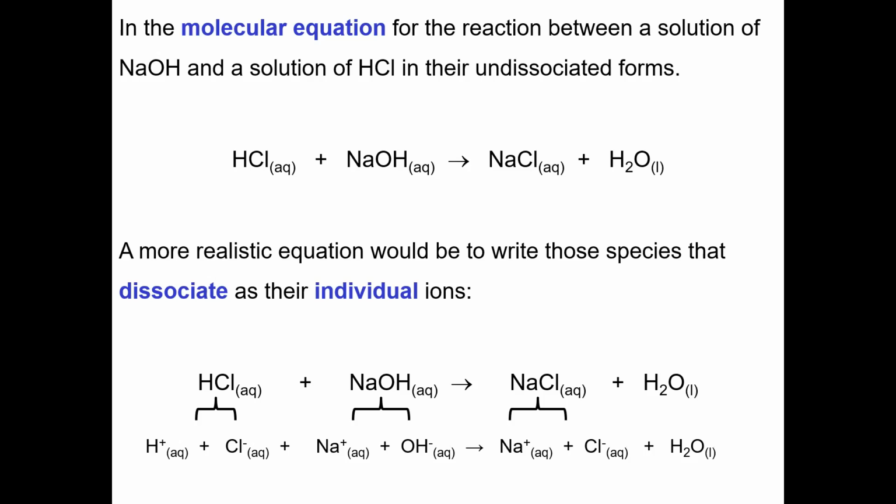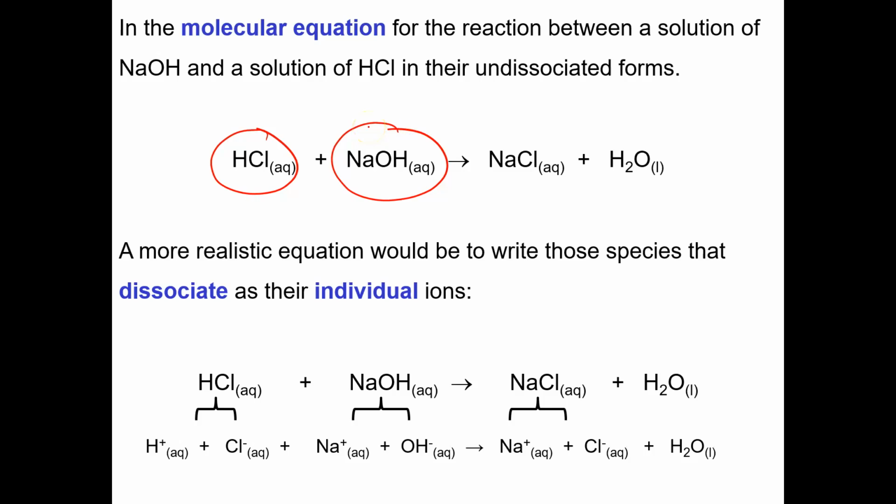So when we write the molecular equation for the reaction between a base and an acid, such as sodium hydroxide and hydrochloric acid, we keep everything in its undissociated form. So the acid is written in its undissociated form, even though we know it dissociates fully in water.